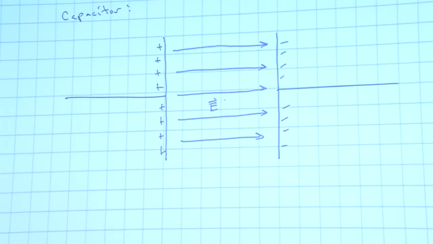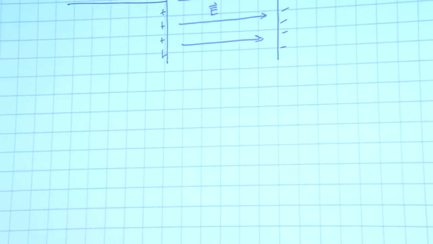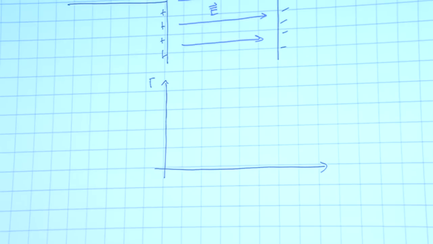So the electric field's constant. If we were plotting it versus our distance, I'll just call it x, then the electric field's constant in there. And what is it outside? Zero.